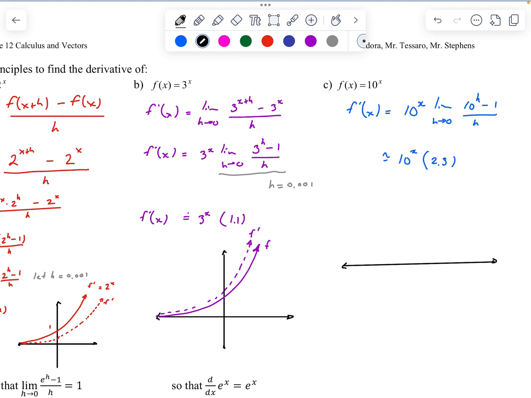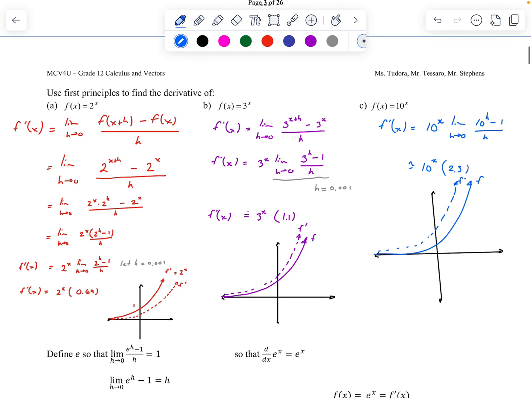So 10 to the x grows very fast because the base is big. And its derivative is more than double f.